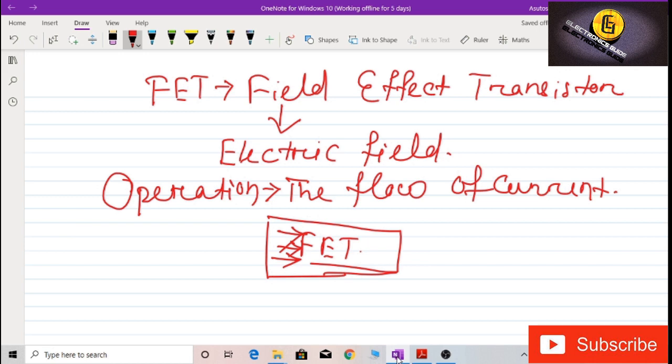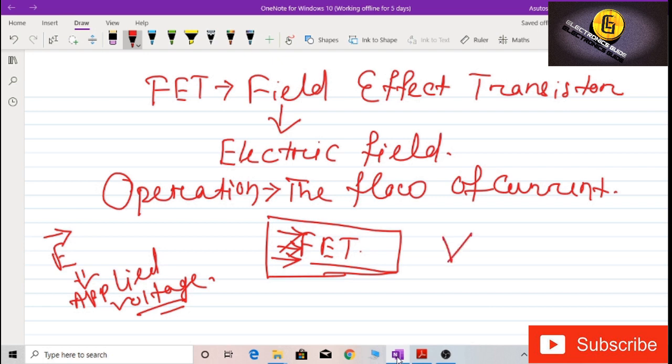And as per the previous knowledge, we know that the electric field is due to the applied external voltage, because we know the definition of voltage or potential, V equal to integration of E dot dl.